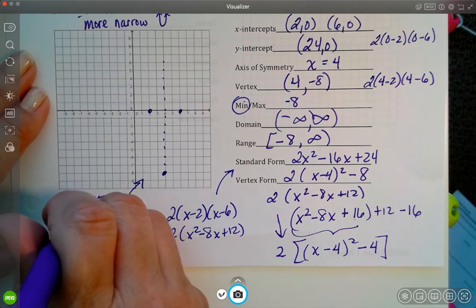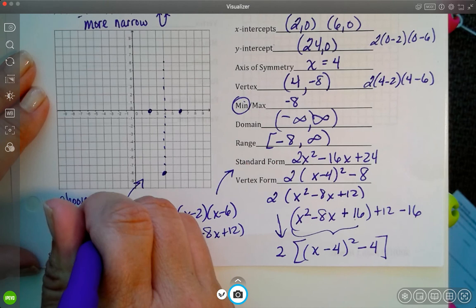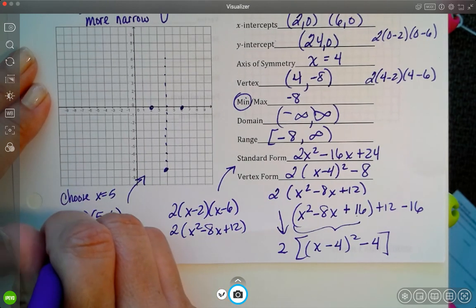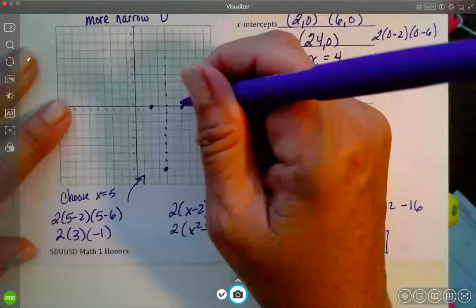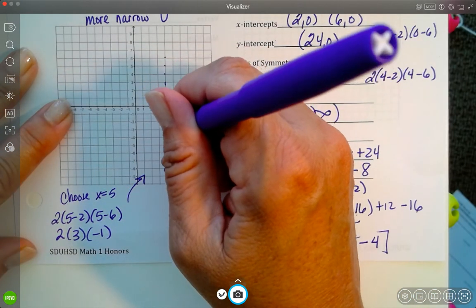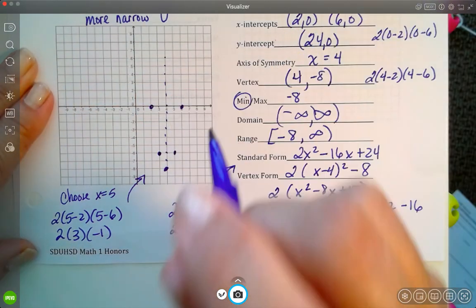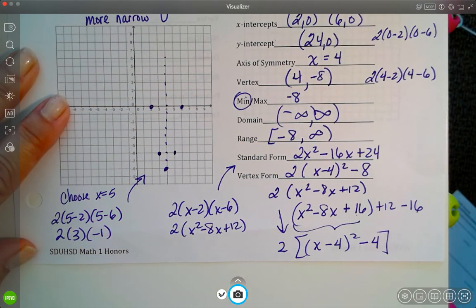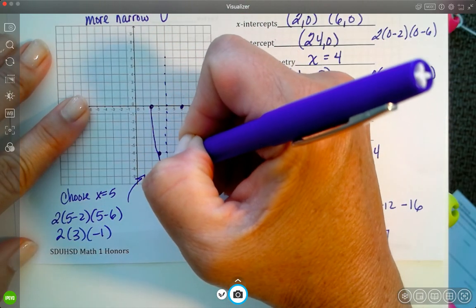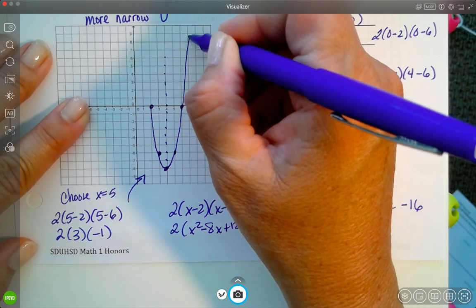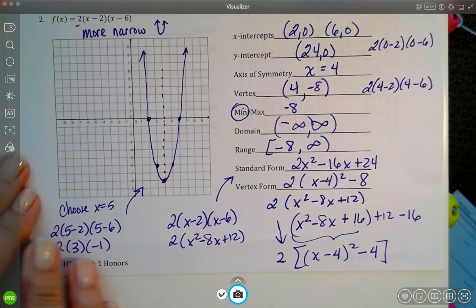So 2 times 5 minus 2 times 5 minus 6 is 2 times 3 times -1. So -6. So 5, -6. And then I can reflect it over the other side of the axis of symmetry, and then it gives me more points to give me a better sketch. I'm going to go ahead and try to sketch this. When they're really near, it's hard not to make a V. Okay, so that's our sketch.